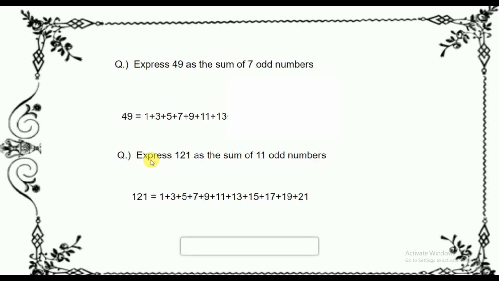In the second example, we have to express 121 as the sum of 11 odd numbers.